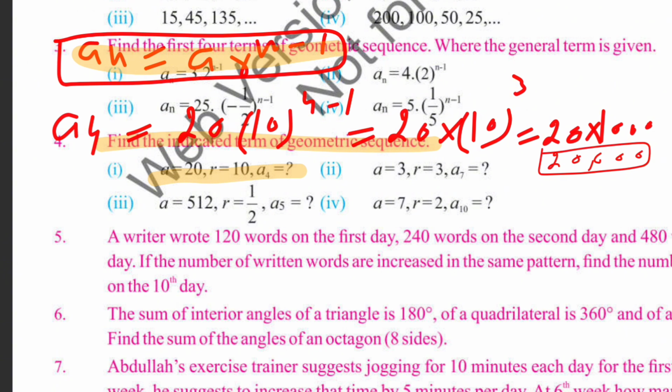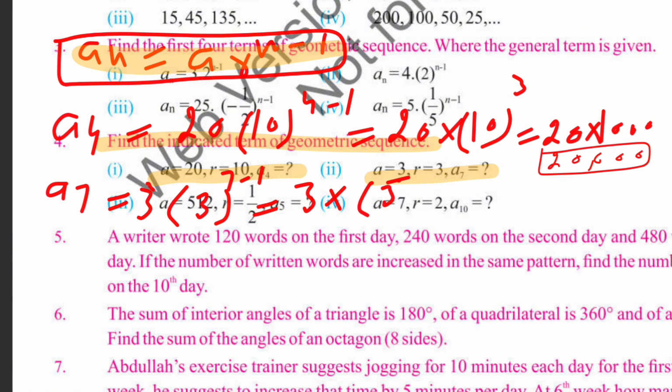Okay, next part. Now we find A7. A7 right here, n is 7, and a is given here as 3, and r is also given here as 3, raised to the power 7 minus 1, is equal to 3 multiply 3 raised to the power 6.